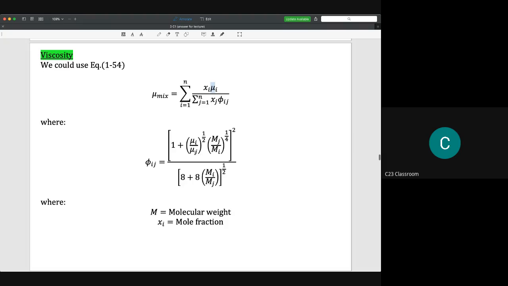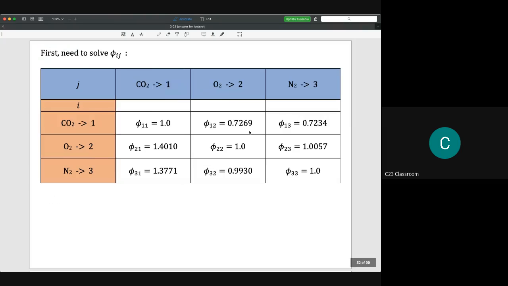The idea here is to show how to solve this. By looking at the equation, you may have experience solving this kind of equation. First, we need to build a table with carbon dioxide, oxygen, and nitrogen, labeled 1, 2, and 3, both across and down.